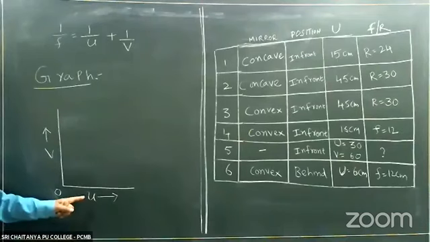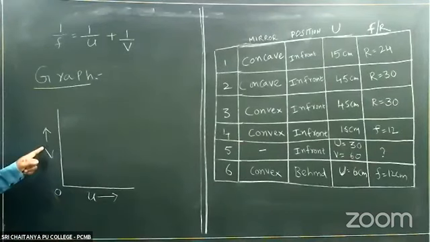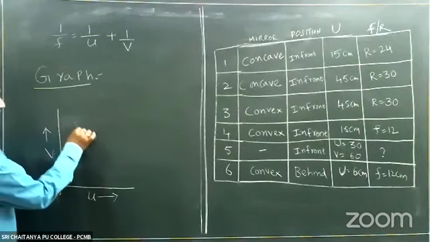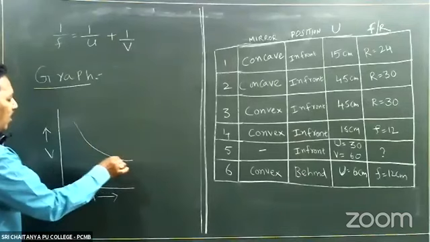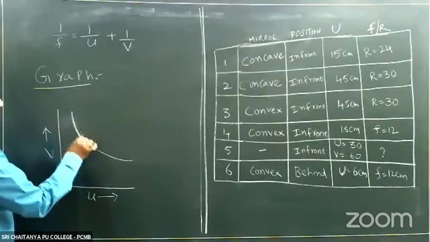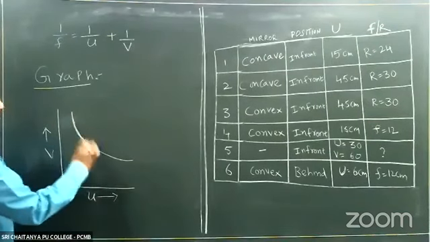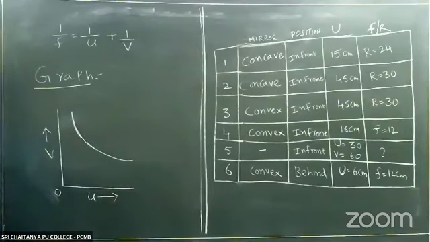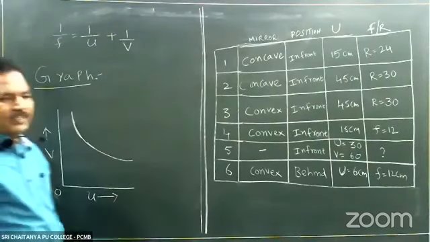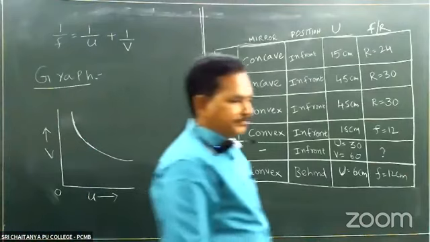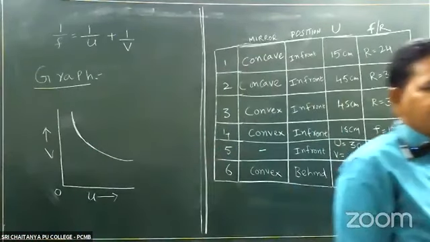U is the object distance, V is the image distance. The nature of the graph is a rectangular hyperbola in the case of both concave mirror and convex mirror.